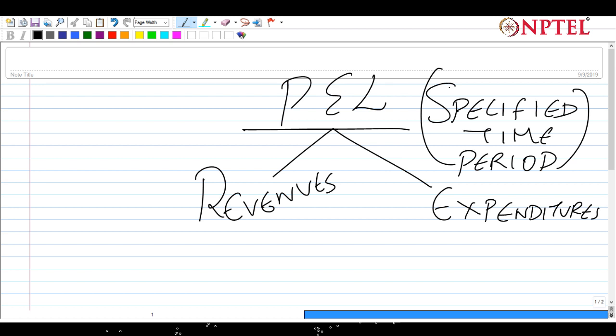It could be a time period of a month, a year, etc. So that is the core difference between the P&L and a balance sheet.